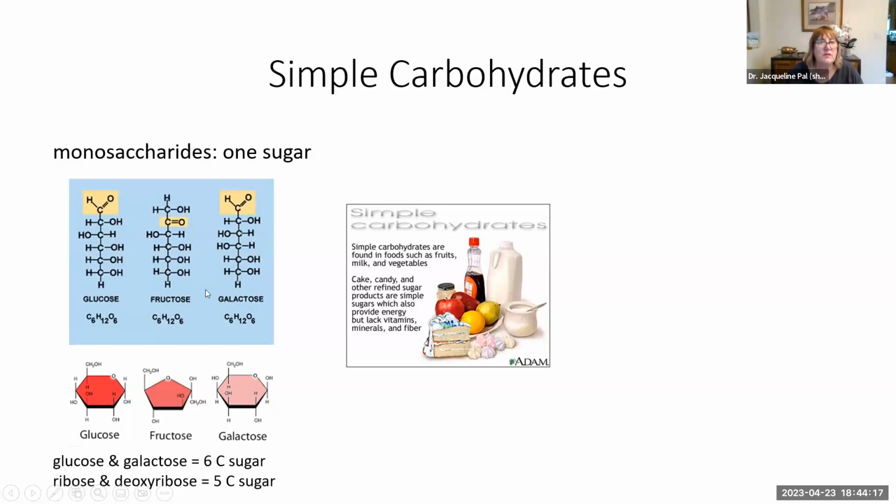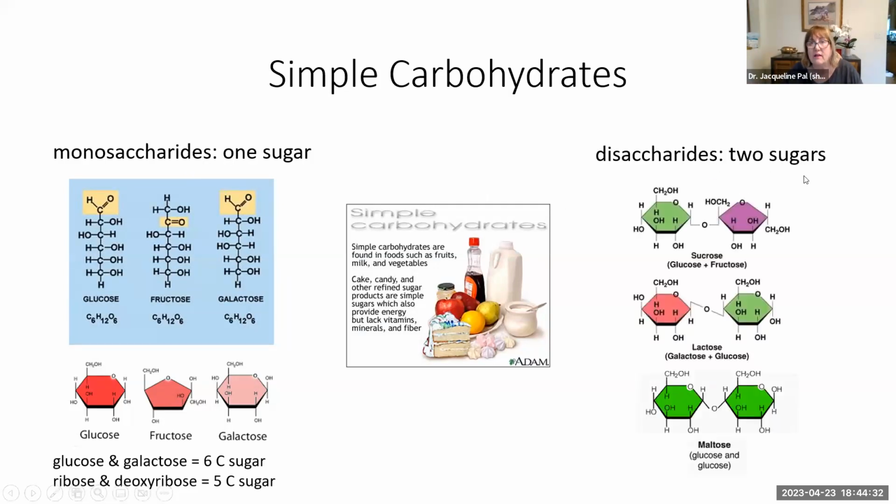Now we can put these monosaccharides, these monomers of sugars, together. We can put 2 of them together and form a dimer known as a disaccharide. If we put a glucose with a fructose, that forms table sugar, sucrose.